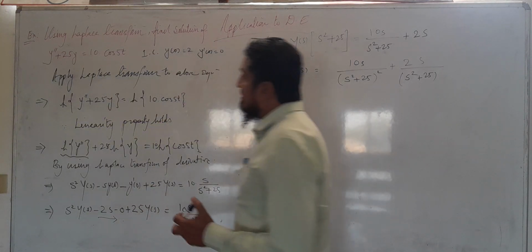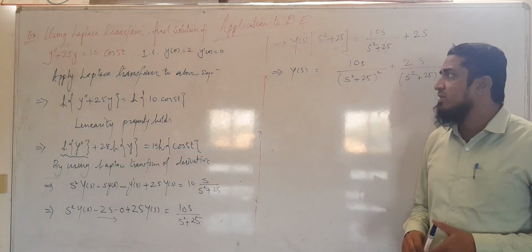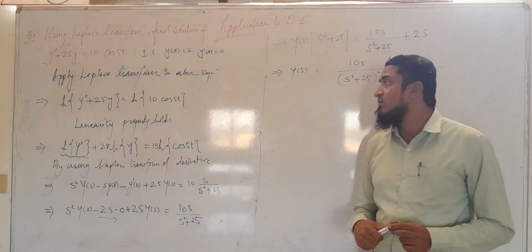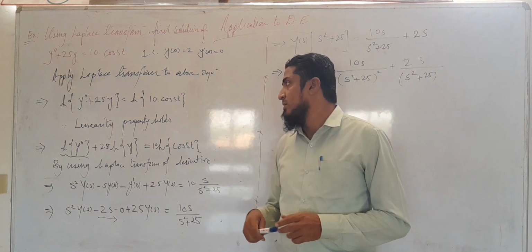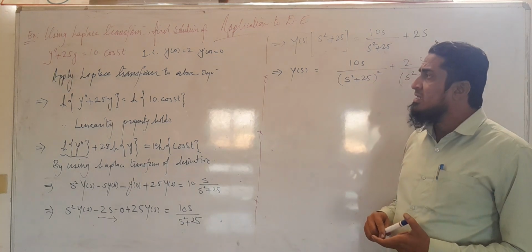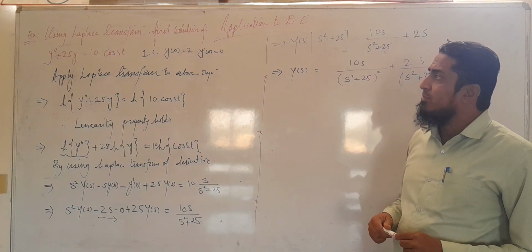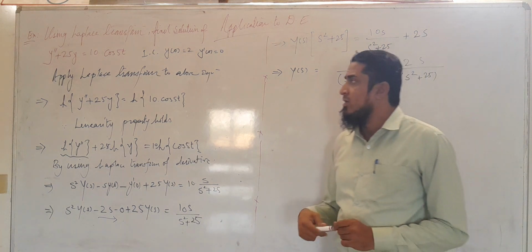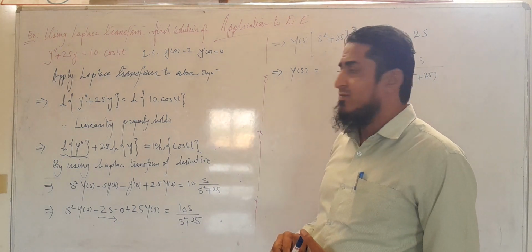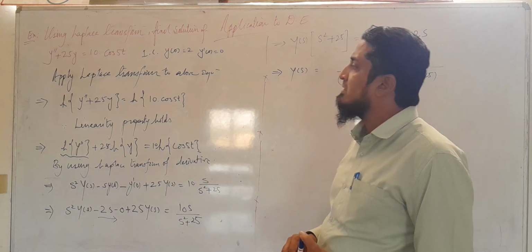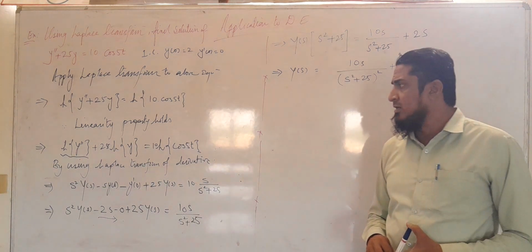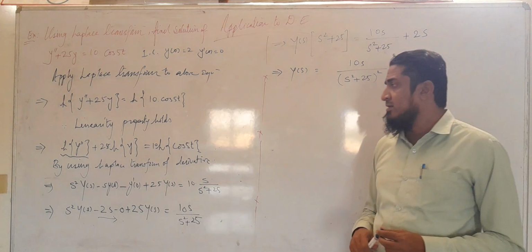In this example, we have one differential equation with initial conditions y of 0 equals 2 and y dash of 0 equals 0, and we have to solve it using Laplace transform. We applied Laplace transform on both sides, and since the linearity property holds, the Laplace transform operator distributes over addition.